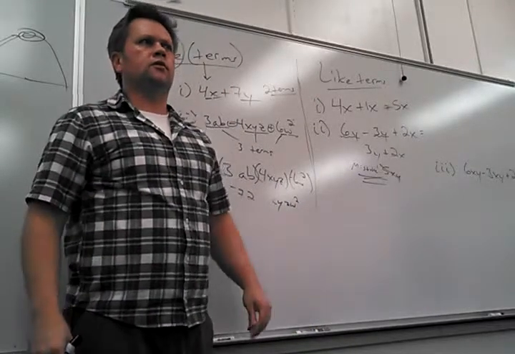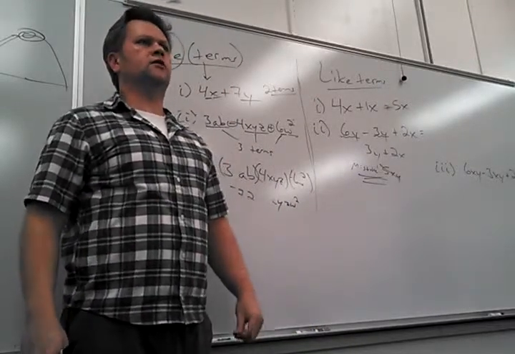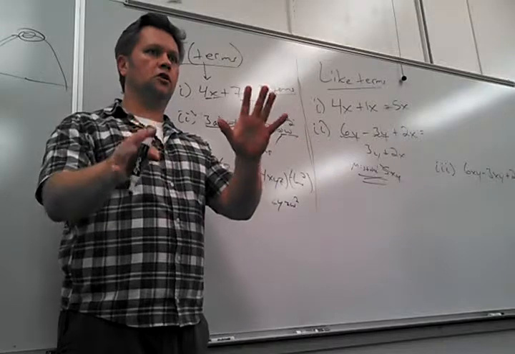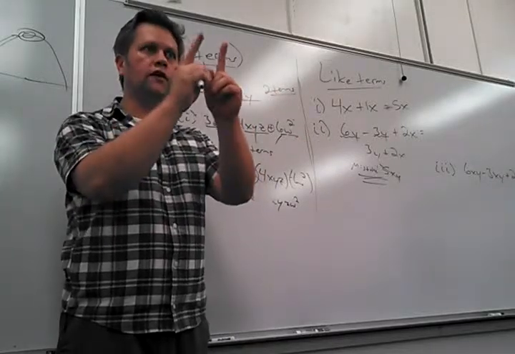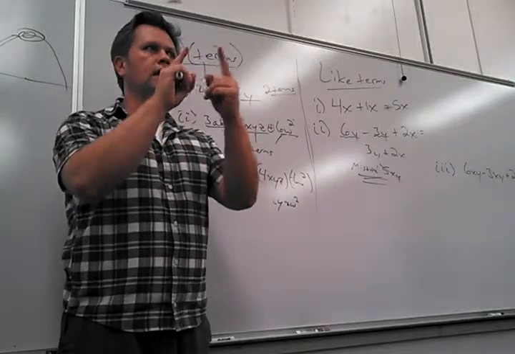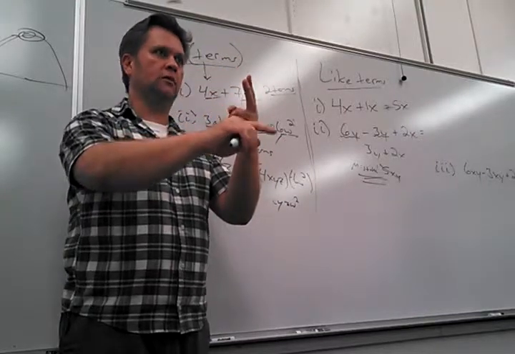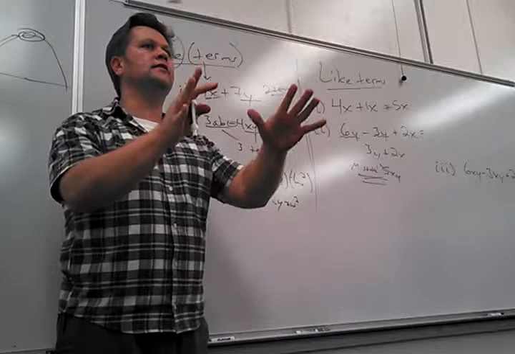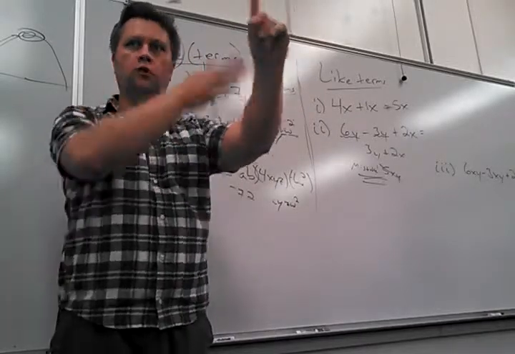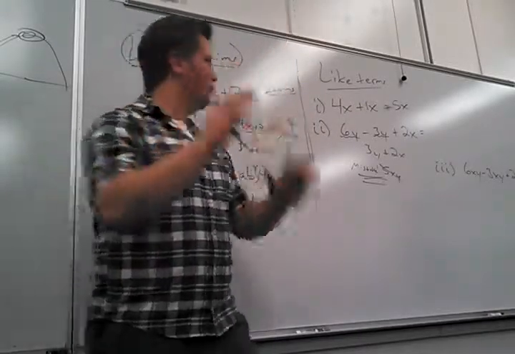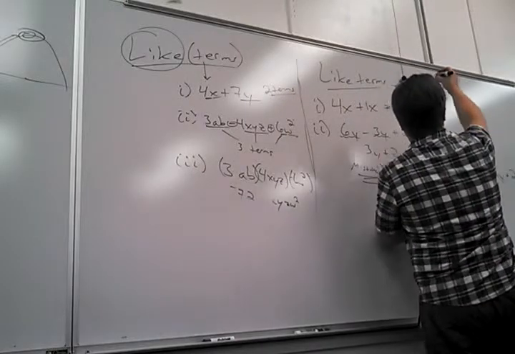which ones are the like terms? Are any of these like terms? All 3 of them are like terms. Here's the definition of like terms then. They have to have the same variables and the same amount of each variable. So in that case, they all have x's and y's, and they each have 1 x and 1 y. I'm slowing my speech down.